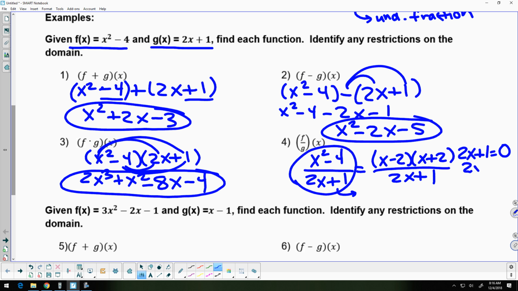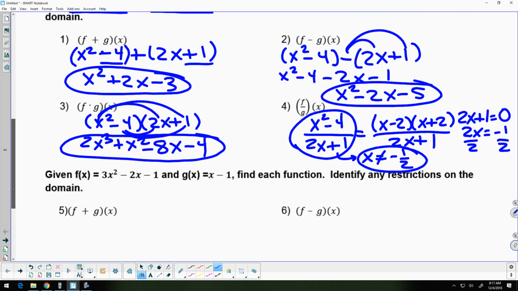Well, you'd want to subtract 1 and then divide by 2. So if x were to be negative 1/2, that would give me 0 in my denominator. So in this case, the one value that x cannot be equal to would be negative 1/2 because that makes my fraction undefined. Okay?